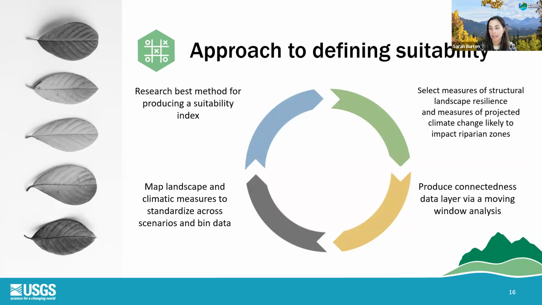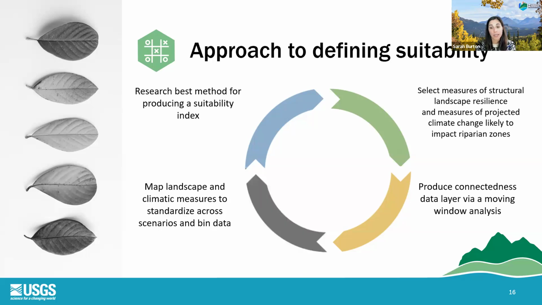So this was a layer that needed to be produced based on the methodology that we chose. So we produced connectedness as a data layer from the LANDFIRE data set from US Forest Service via a moving window analysis. So we did produce this data set, but from an existing data set. So it was kind of a 2-step process there.